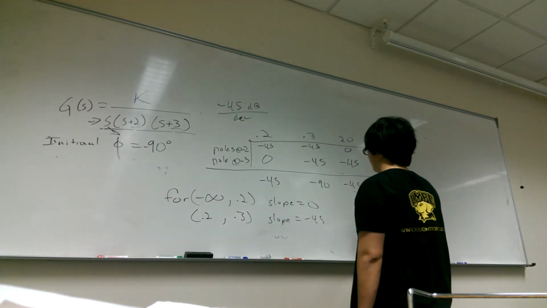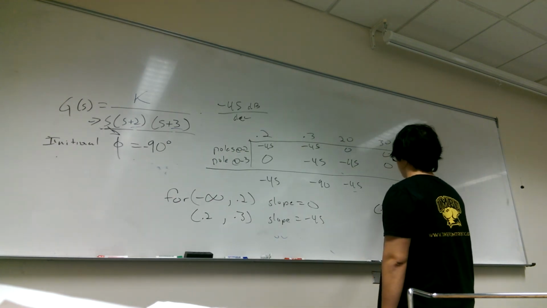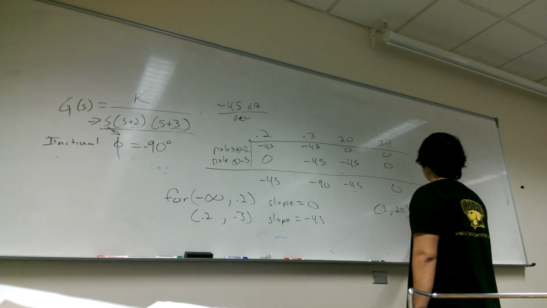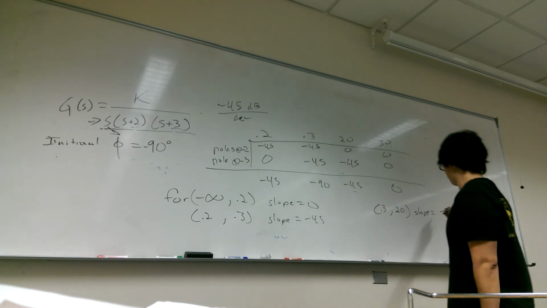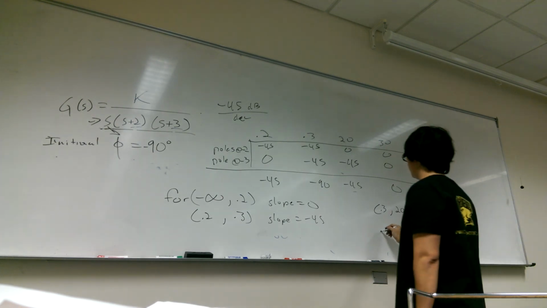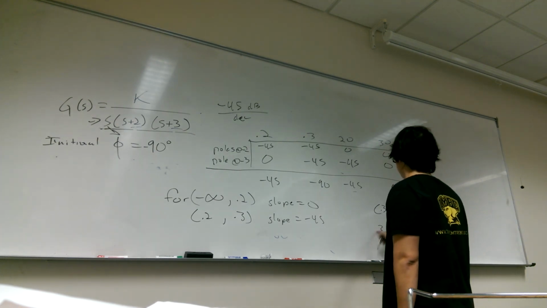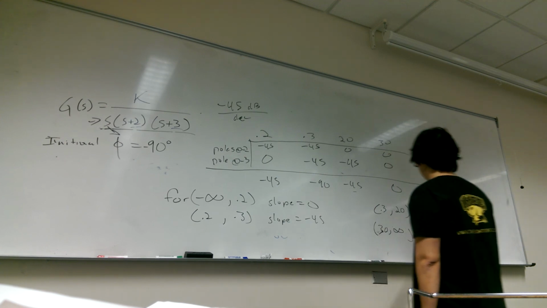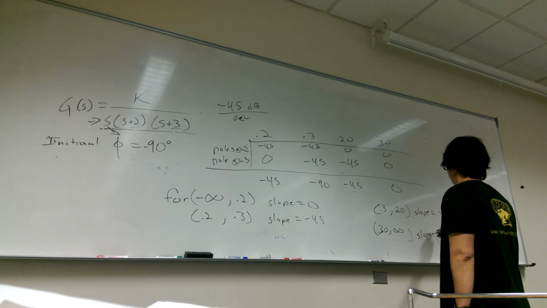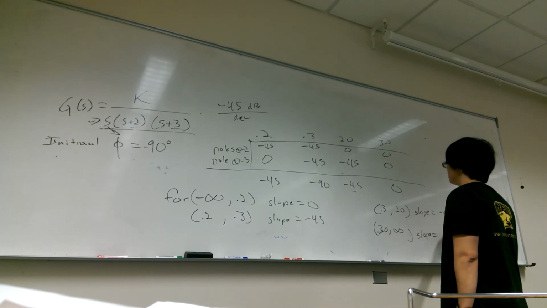And then for 0.3 to 20, slope is equal to -90. And then 30 to infinity, slope is equal to 0.